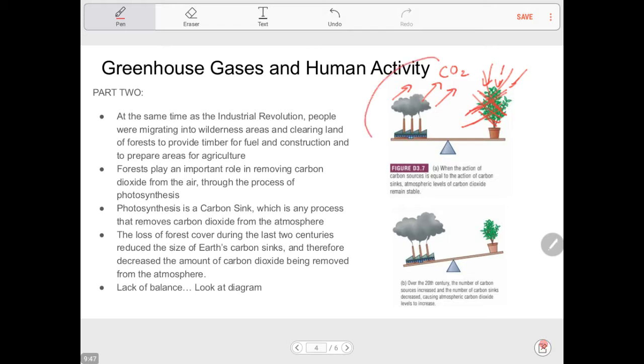We're putting more into the air by burning fossil fuels, and we are eliminating or cutting down or just covering up the one thing on Earth that naturally could take in that CO2. So we no longer have a balance in the amount of CO2 in the air. I hope that makes sense.